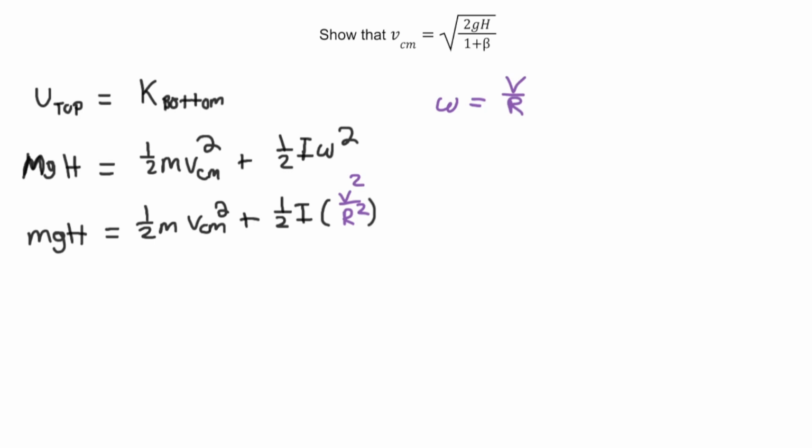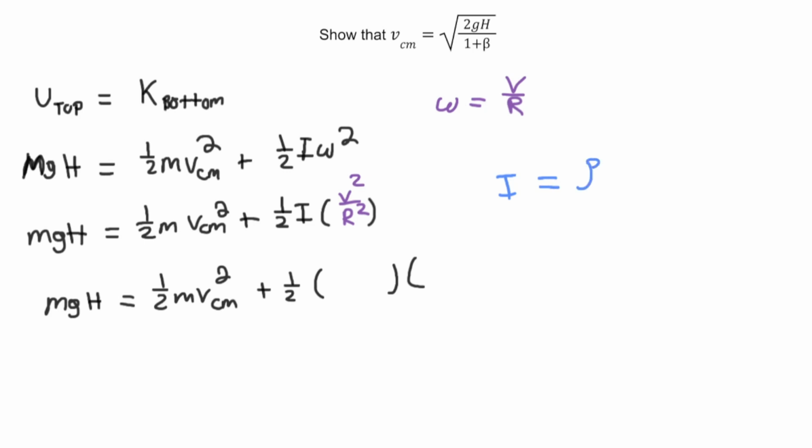And then we can also use our expression for the moment of inertia of this thing in terms of the shape constant, because we were also given that the moment of inertia of this object is equal to some magic shape constant beta times mr squared.